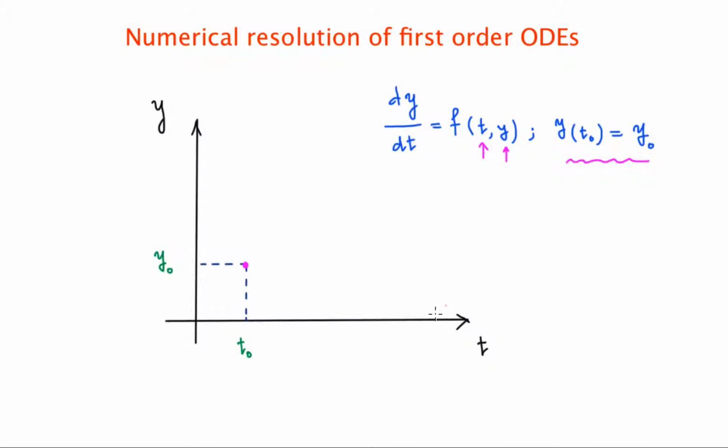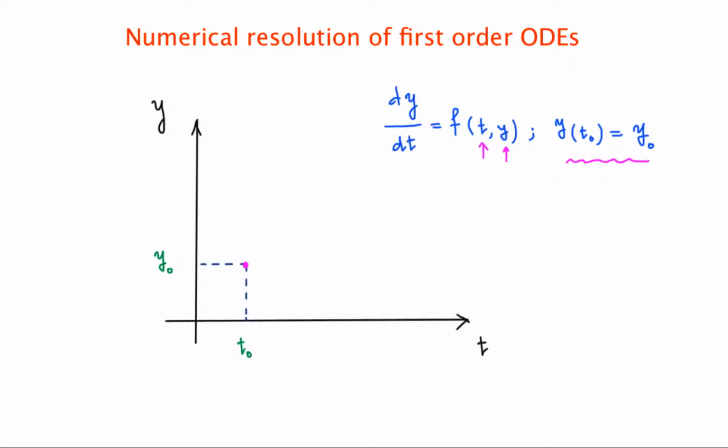So the first important thing is that when considering the numerical resolution, we cannot solve at any time t. We have to predefine previously the times at which we are going to apply the numerical method. So basically we are going to have to define some mesh on the time variable.